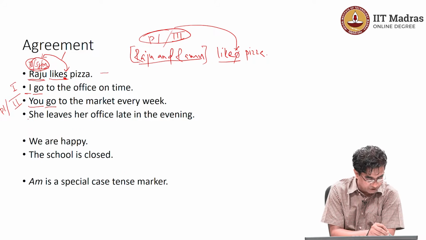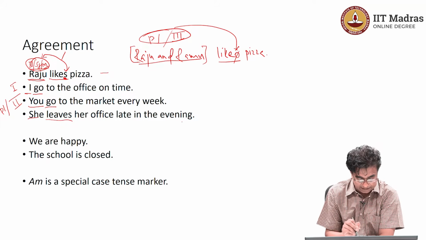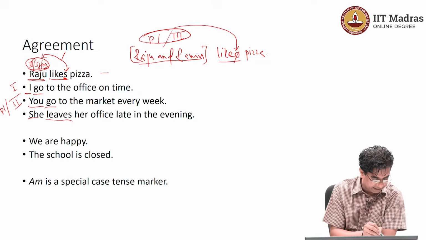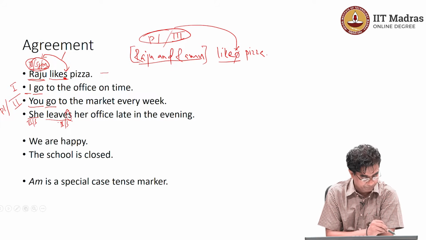Then we go to she leaves her office late in the evening. Here you see third person singular, and you see that here too, third person singularity on the verb.